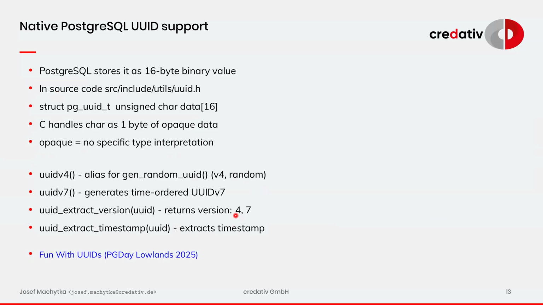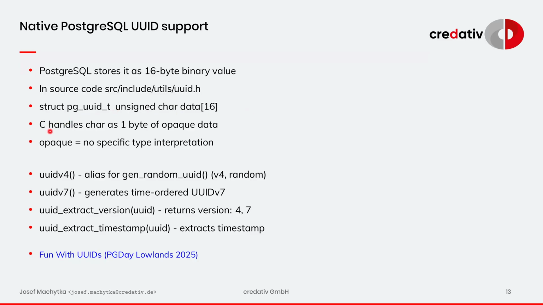So when we look at native Postgres UUID support, we can find it in source code in this file src include utils uuid.h. And here is defined structure pg_uuid_t as unsigned char data[16], 16 bytes.